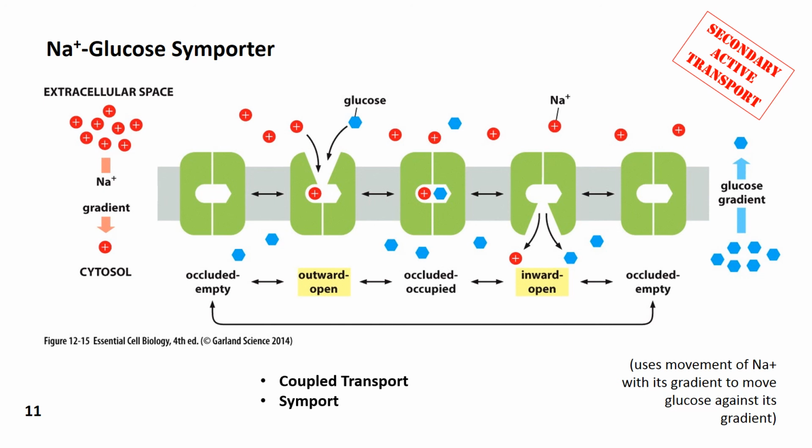The direction of movement is from the gastrointestinal lumen into the cytoplasm of epithelial cells. Sodium is in high concentration in the GI lumen, and glucose is in low concentration relative to the cytoplasm of those epithelial cells. The passive movement of sodium from the GI lumen drives the active movement of glucose.